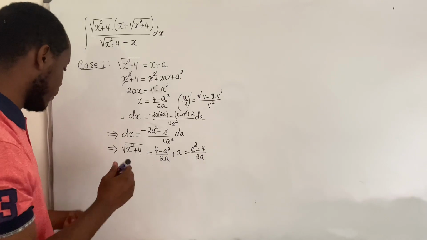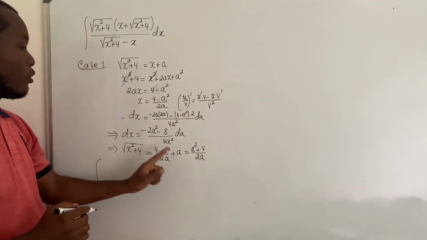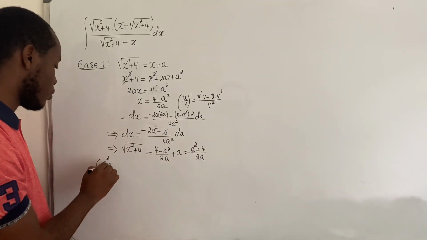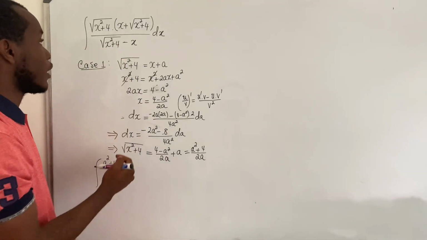In this case, we will have the integral of the square root of x squared plus 4, which we concluded is a squared plus 4 over 2a, times x. What's the value of x?